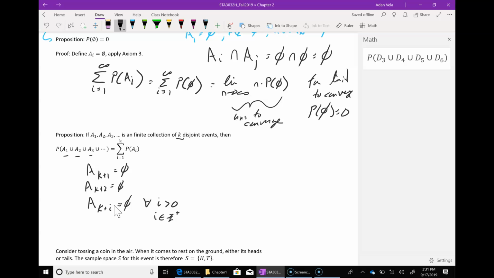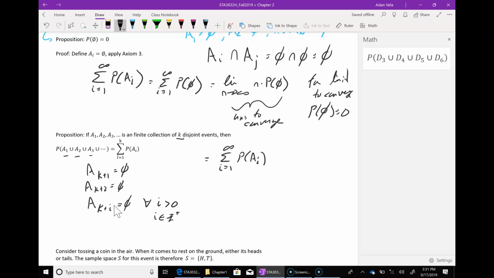So really we have the probability of A1 union A2 all the way to this union of A where, no, that doesn't really make sense. We have an infinite collection. I don't know how to write that. Let's just write it here: the sum of I equals 1 to infinity of the probability AI.